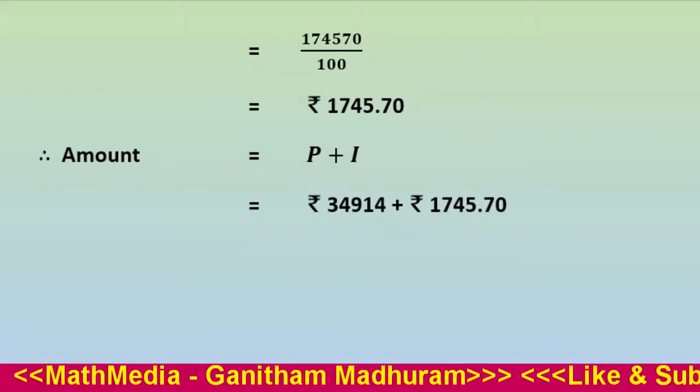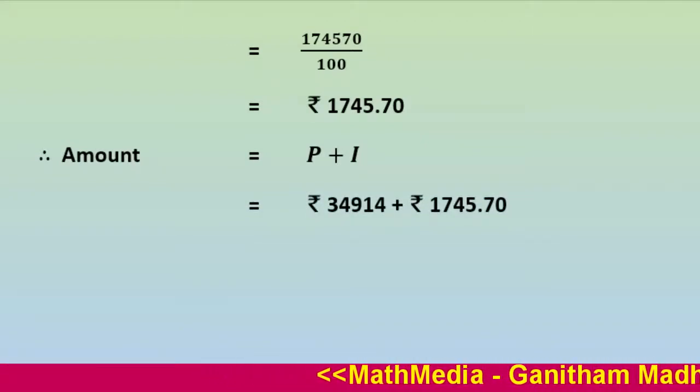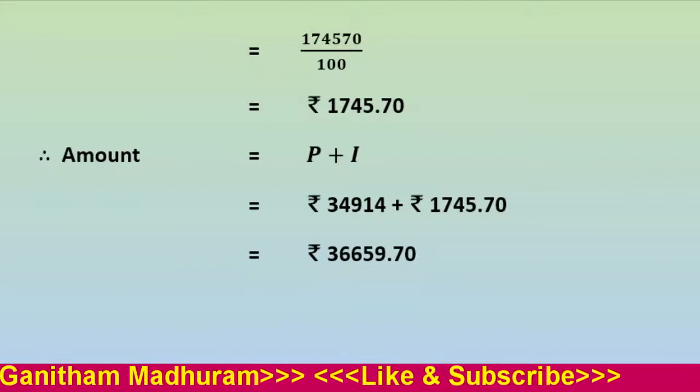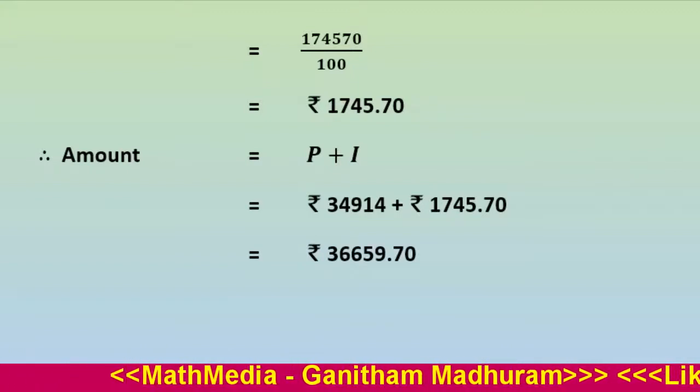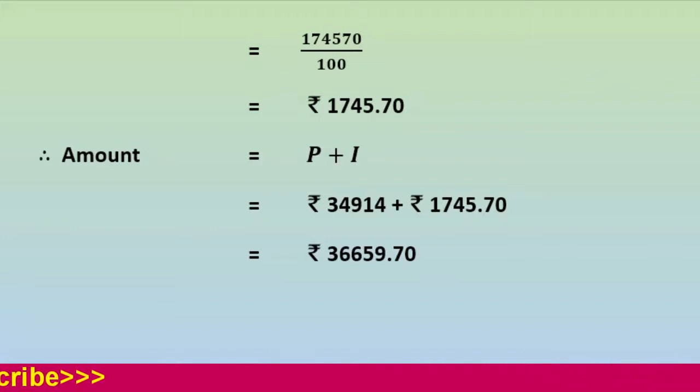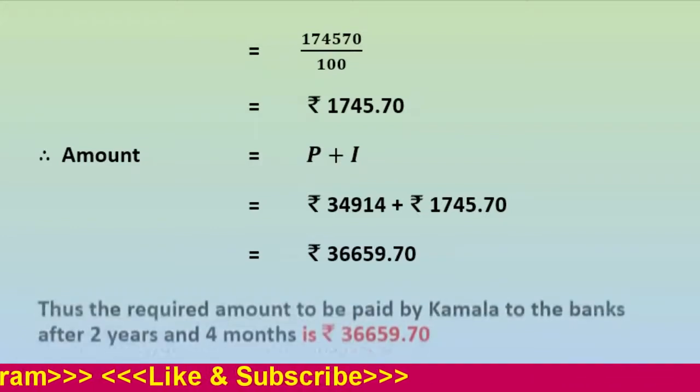And you know that amount equal to P plus I. P is rupees 34,914 plus rupees 1745.70 equal to rupees 36,659.70 is the amount.